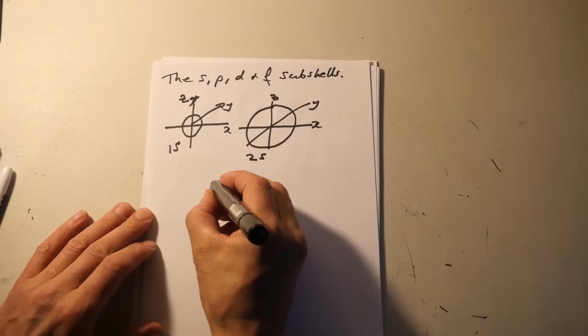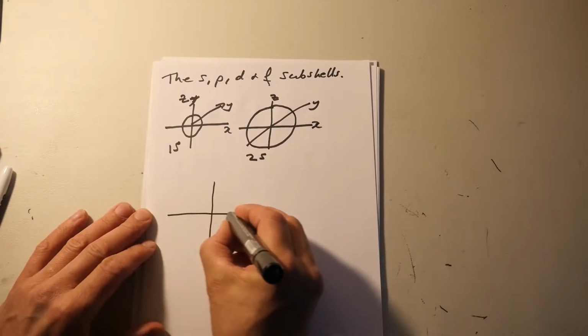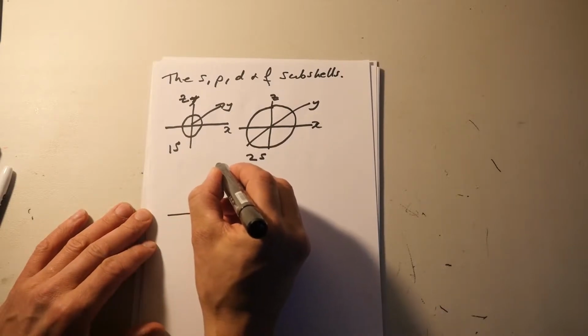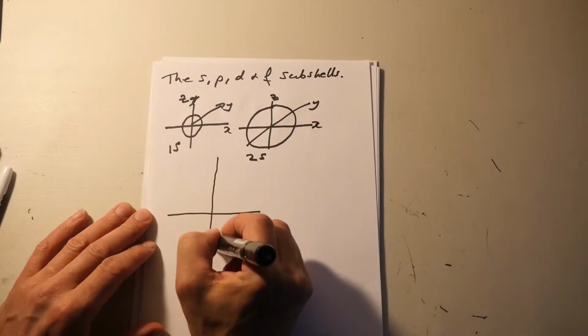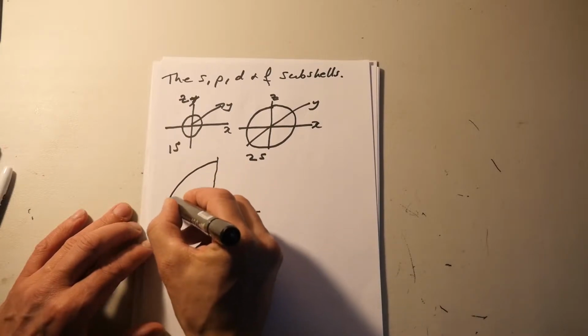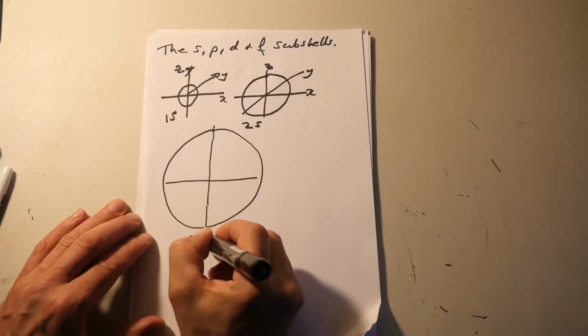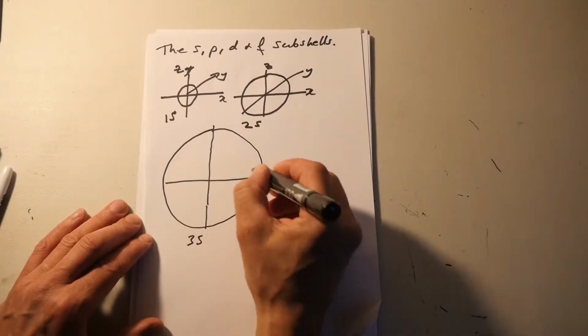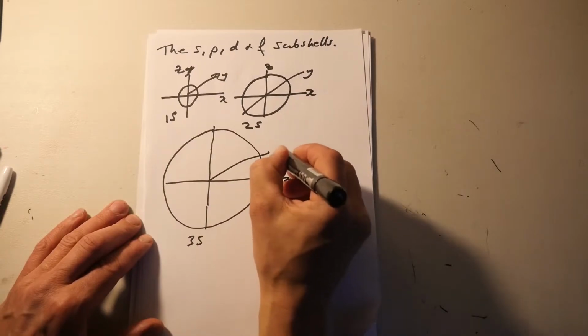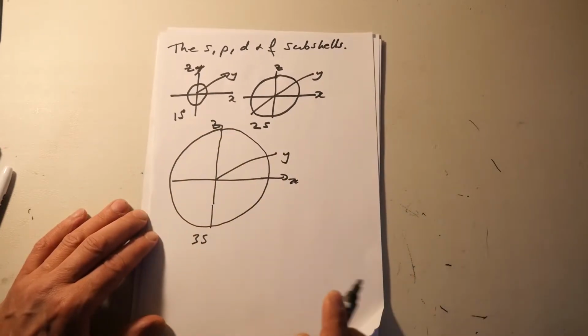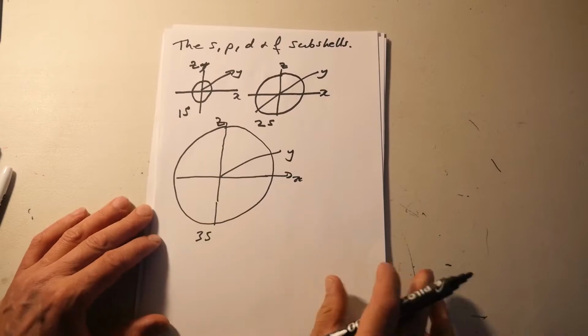And then the 3S, so again that's even bigger. That's the 3S subshell, X, Y, Z. So that's the 1S, 2S, 3S subshells.